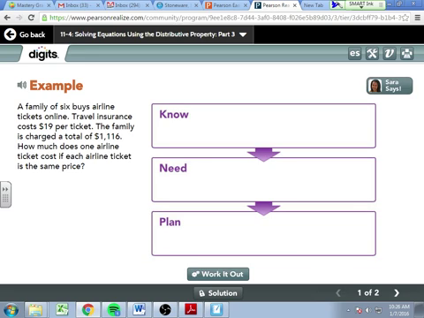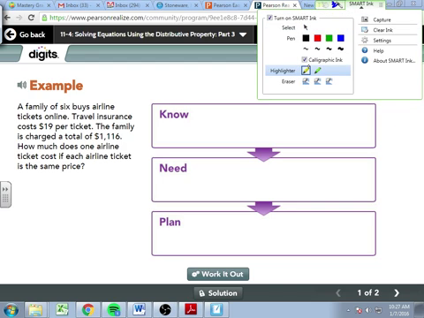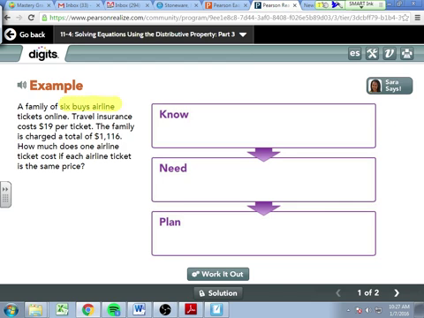All right, so a family of 6 buys airline tickets online. One of the issues of purchasing things online is a lot of times there's going to be a fee for the fact that you did it online, it was convenient, it was easy. So this family of 6 buys airline tickets, but each ticket has travel insurance that costs $19 per ticket.